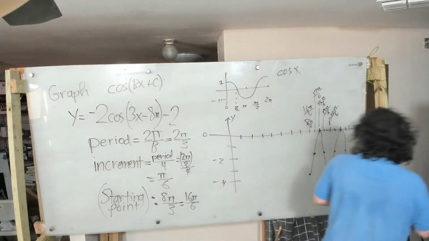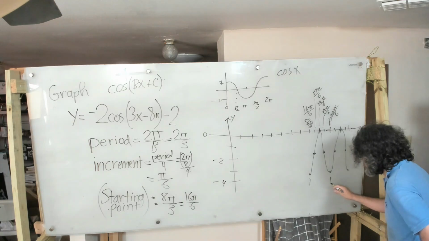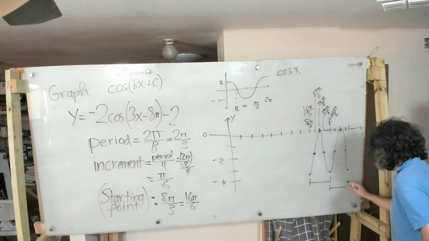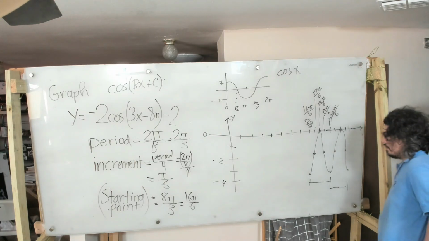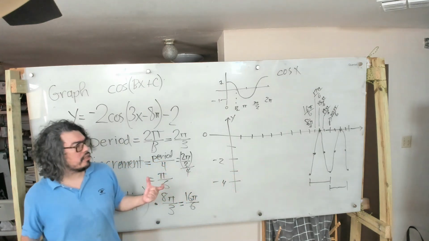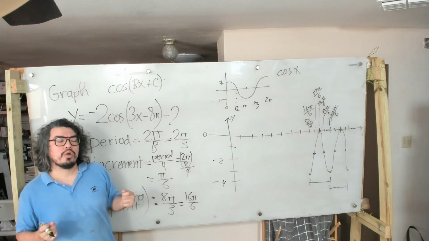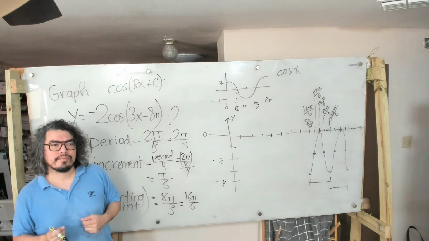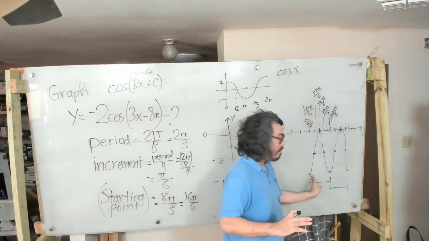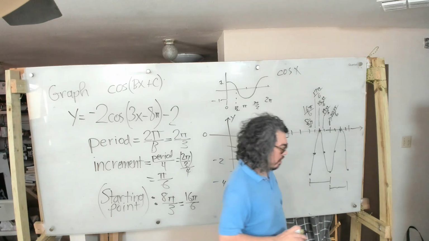So for example, in this case, I can see one period is like this. That's one period. There's another period here of the graph because that's a repeating portion. And so therefore, if I subtract a period, I can get another place where I can apply my technique of knowing the pattern of the graph from the parent.